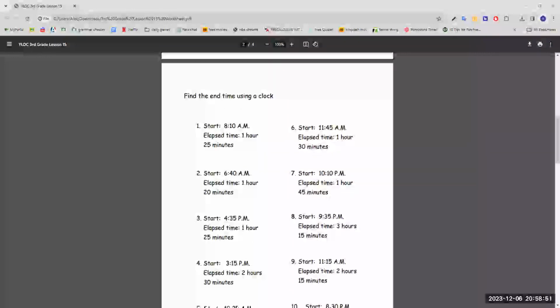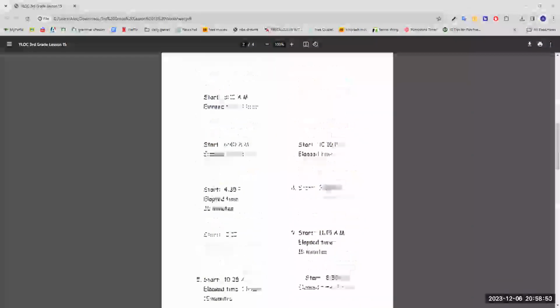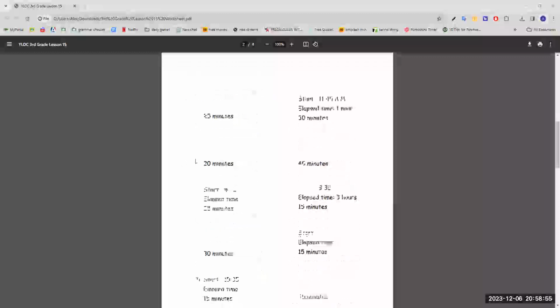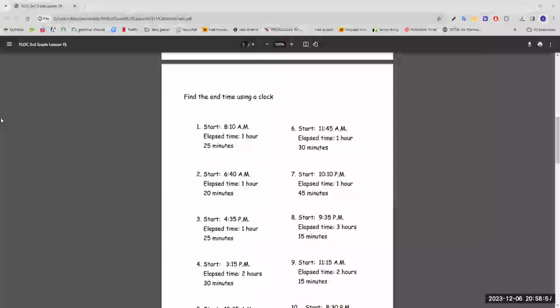Now let's do the right hand side of this section. So number 6, the start time is 11:45 a.m. and the elapsed time is 1 hour and 30 minutes. 45 minutes plus 30. 5 plus 0 is 5, and 4 plus 3 is 7. 11 plus 1 is 12. Since this is greater than 60, that means at least an hour has passed.